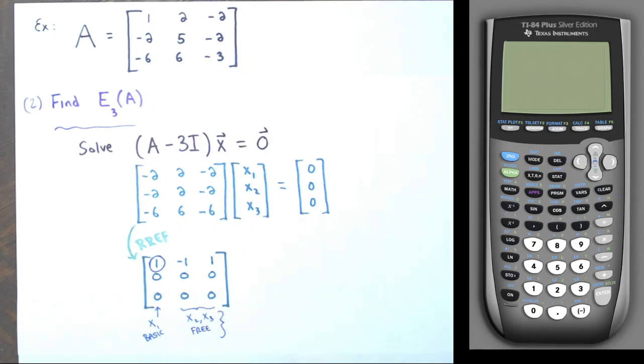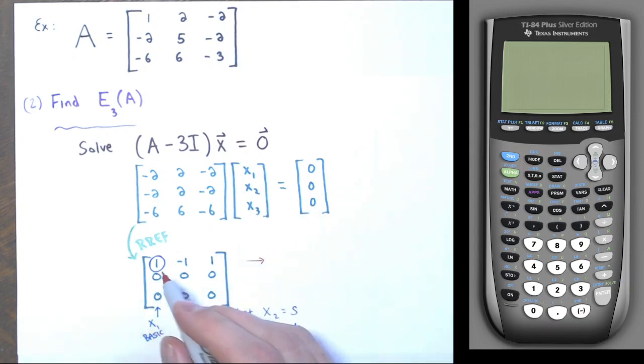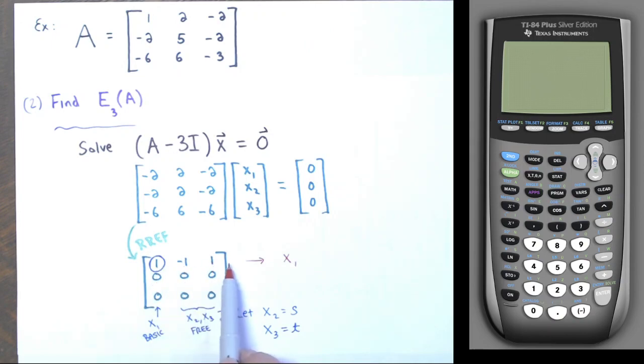There's two different variables, so I'm going to let each one be represented by a different parameter. Say x2 has the value s, where s is any real number, and say x3 has the value t, where t is any real number. And then from the first row, we're seeing that x1 minus s plus t must be equal to 0.